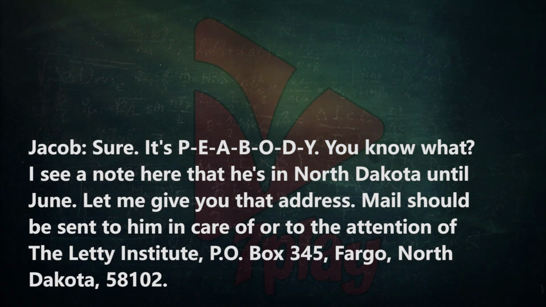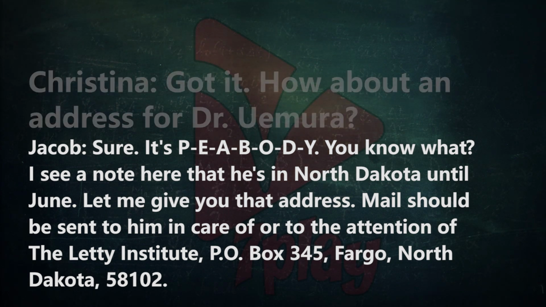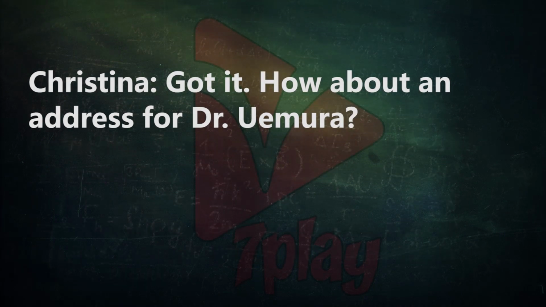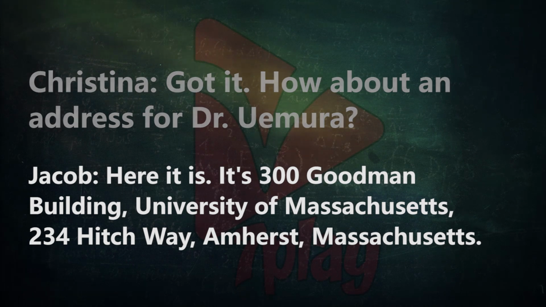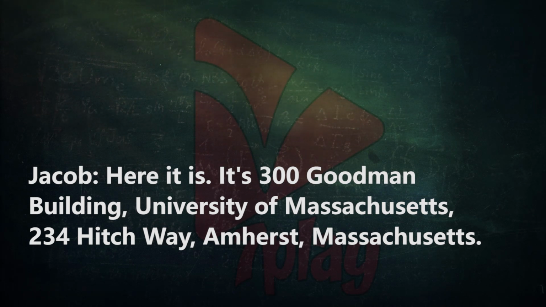You know what? I see a note here that he's in North Dakota until June. Let me give you that address. Mail should be sent to him in care of or to the attention of the Letty Institute, P.O. Box 345, Fargo, North Dakota, 58102. Got it. How about an address for Dr. Yamura? Here it is. It's 300 Goodman Building, University of Massachusetts, 234 Hitch Way, Amherst, Massachusetts.